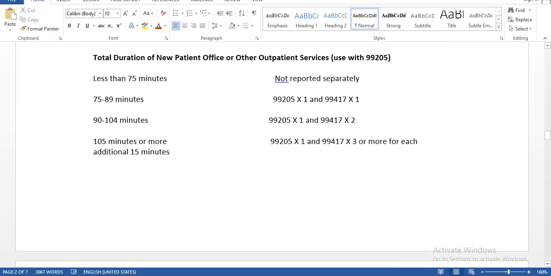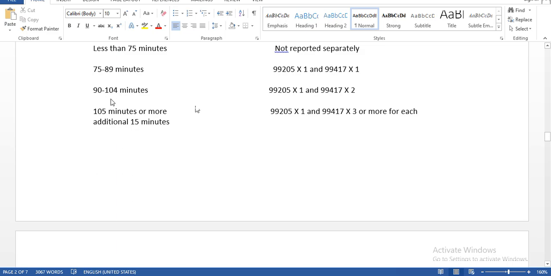If the new patient time is 90 to 104 minutes, we can code 99205 times 1 and 99417 times 2, which means 30 minutes: 74 plus 30 is 104. Then for 105 minutes or more, additional 15 minutes.